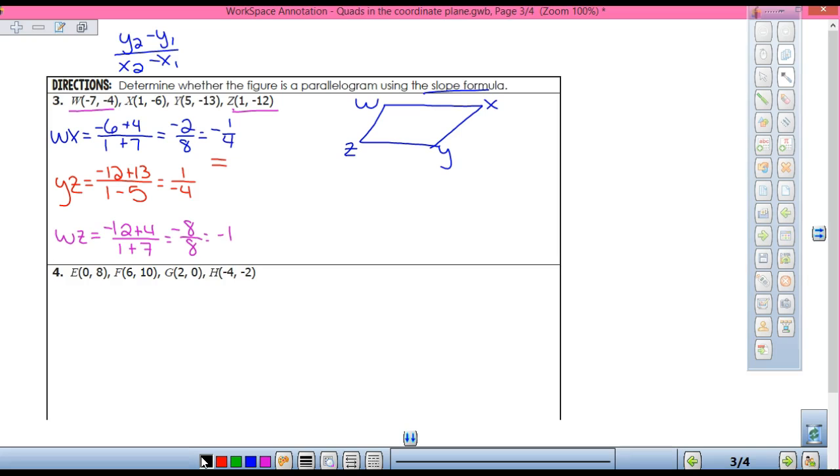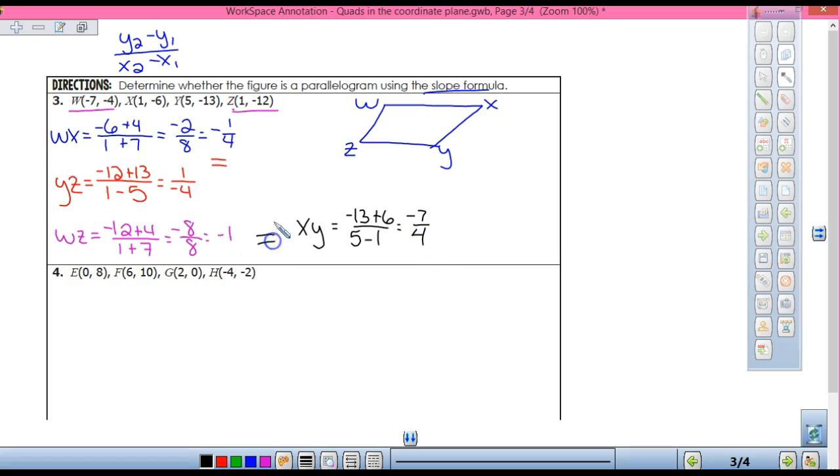And WZ goes with, alright, so XY is over, so on top I have negative 7 over 4. Are those two equal?